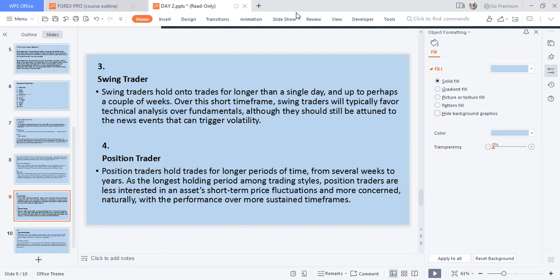You can just keep it, you can be a position trader. Like I said, they keep a trade for a very, very long time, probably 2 weeks. From weeks, they can even go to years, but they are mostly weeks. So that is that.